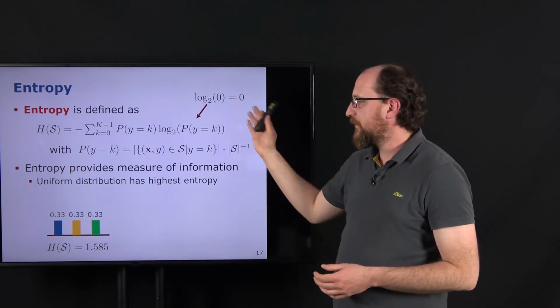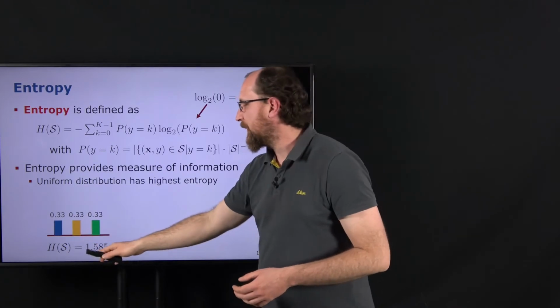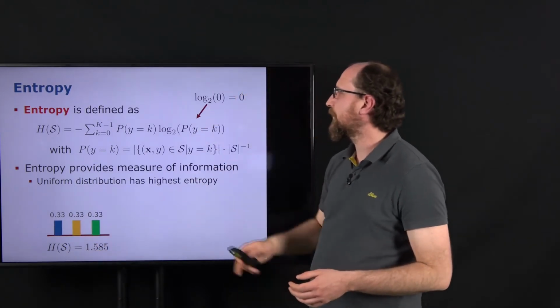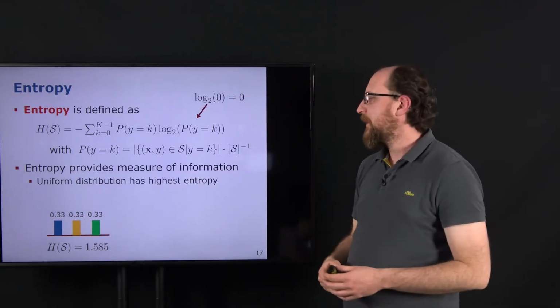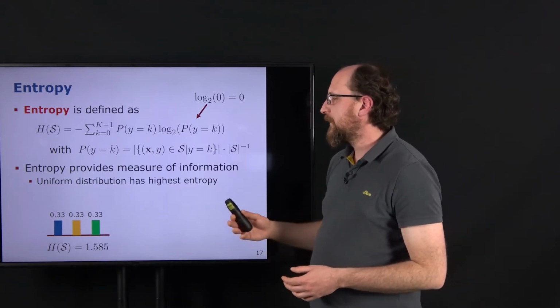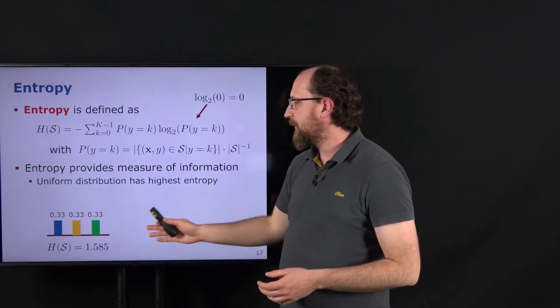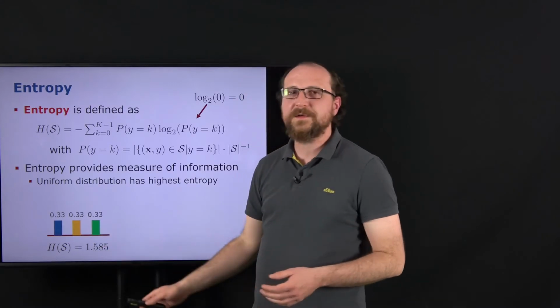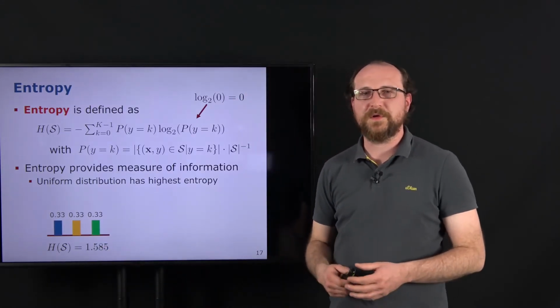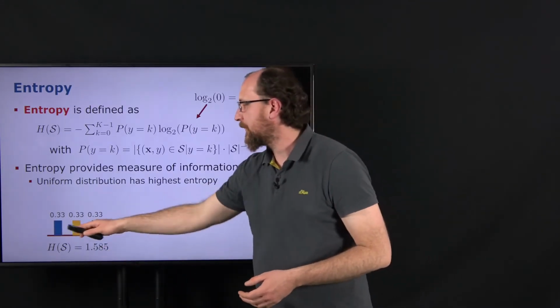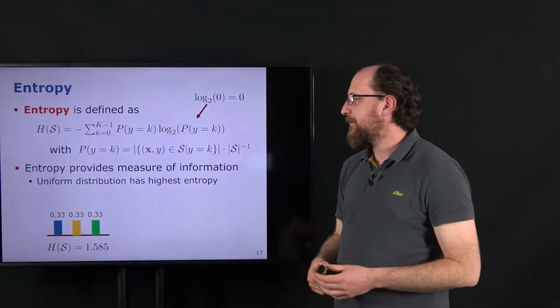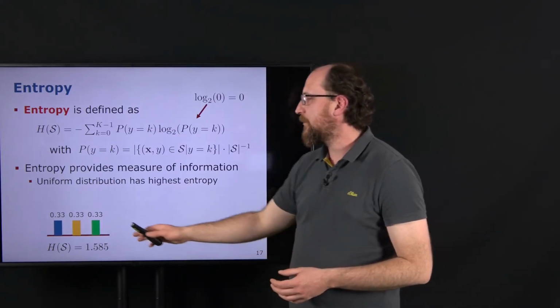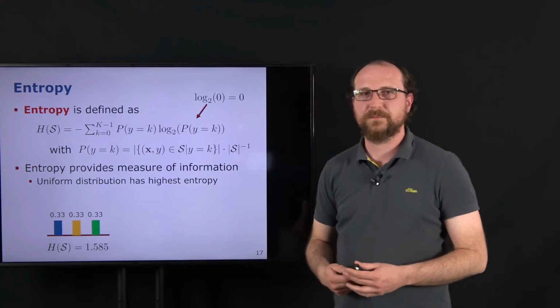But when we use this definition, we then get out the entropy here, and when we use the logarithm to the power of 2, then we get also out the bits that are needed basically to encode this set. So with these three examples basically here, we need basically 2 bits to encode all the 3 examples, at least.